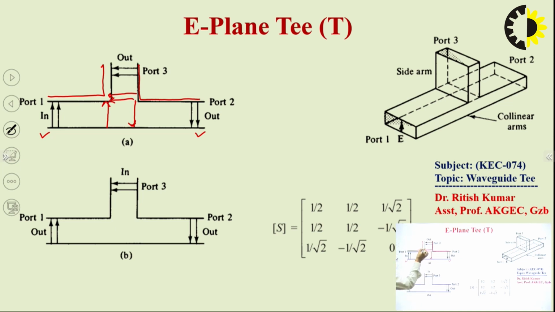So both electric field directions are in the same phase at this auxiliary arm. So in the case of opposite phase, we will have the summation of these two powers. Suppose this one is power P1 and this one is power P2, the applied powers, and we will get the output power P3 equal to P1 plus P2 if we apply the source in the opposite phase.